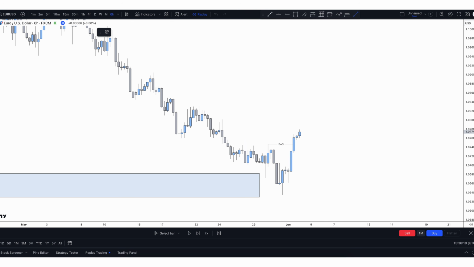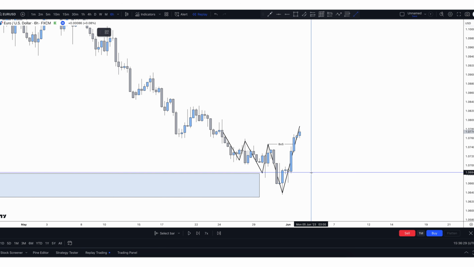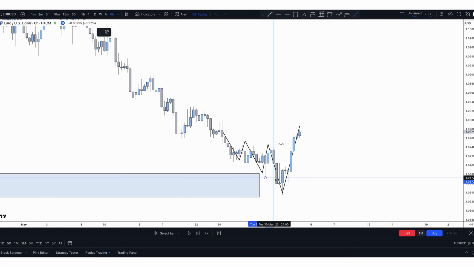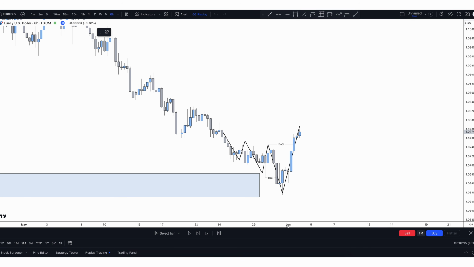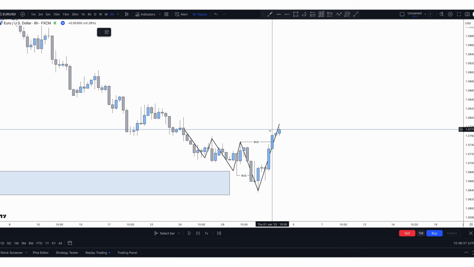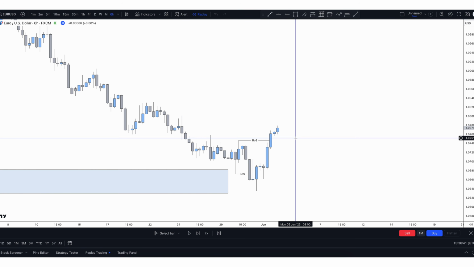So to mark out the trend, we basically come down, form our lower high, lower low, and then have a break of structure to the upside, okay? So our final bearish break of structure takes place here, and then our first bullish break of structure, which actually reverses the market direction, takes place here. This is where we start to break structure from bearish to bullish.